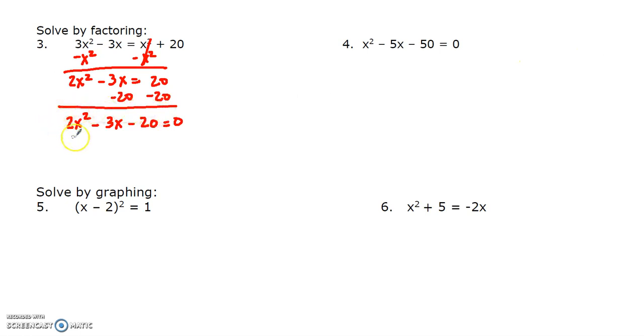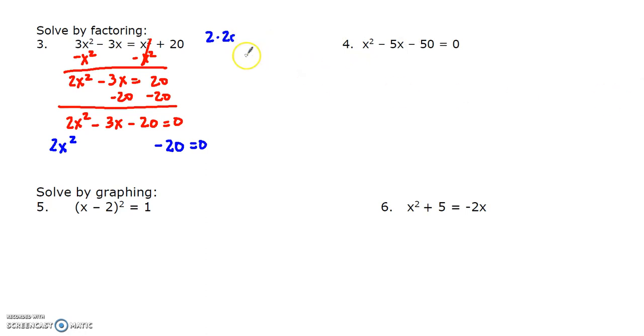So right here I have a trinomial with a lead coefficient. Remember, we're going to bring the first term down and bring my last term down, and then I multiply these two. Oh, sorry. Hang on just a second. Let me try that again.